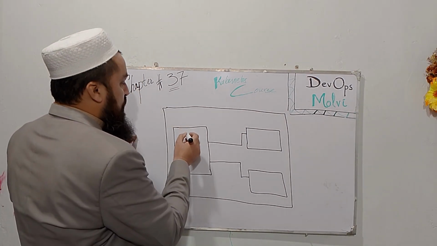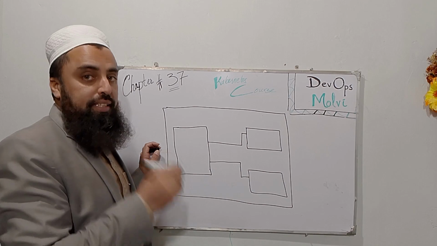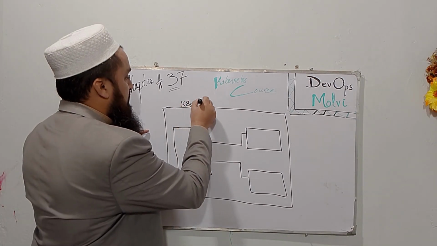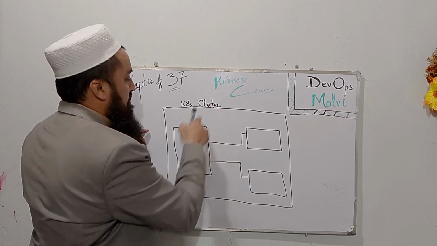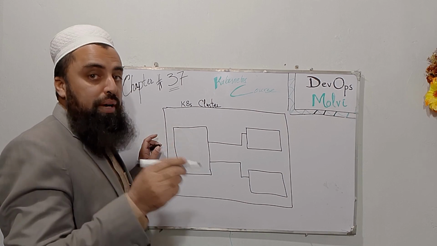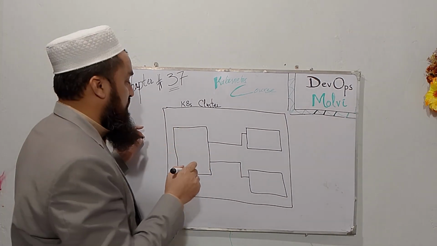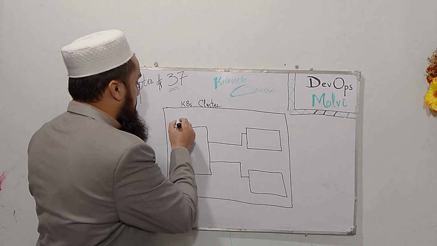So master node is also known as control plane in Kubernetes. Okay, this is my K8 cluster, and this cluster has one master node. And I told you that there can be one or more master nodes, but for today's lecture, I am assuming only one master node. So we can say master node as control plane.